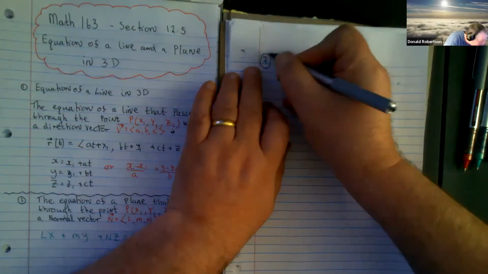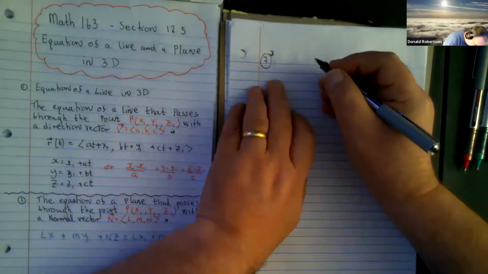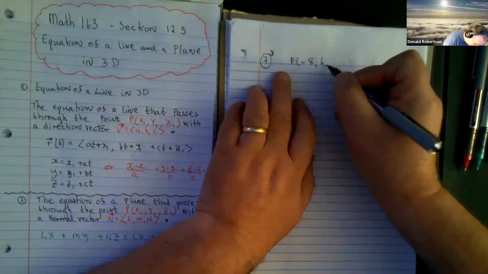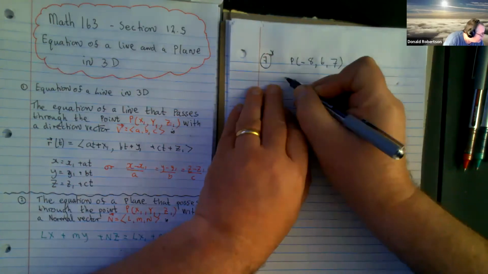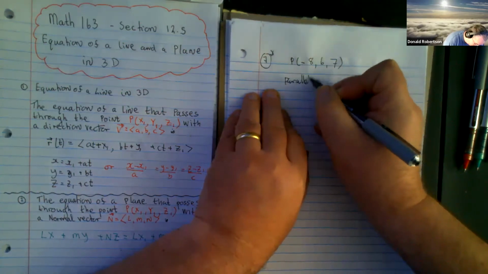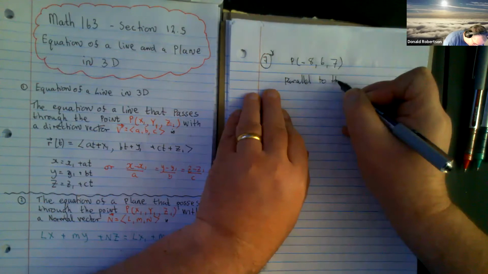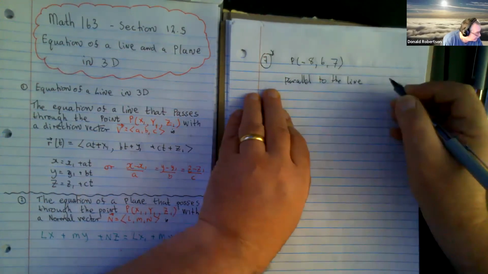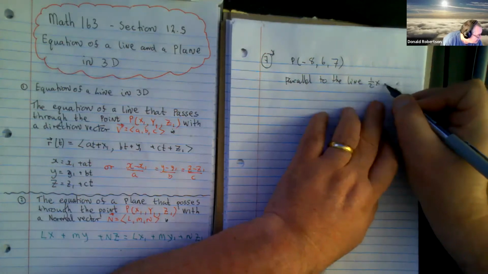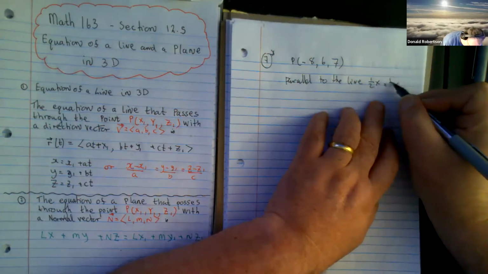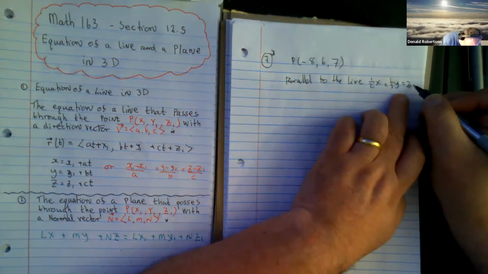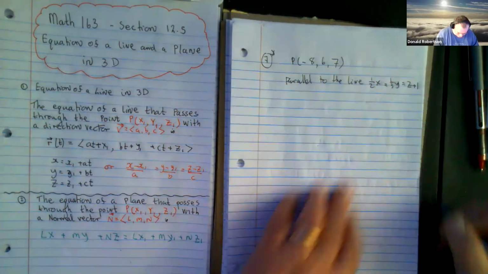In question 7, you're being asked for the equation of a line that passes through the point -8, 6, 7, parallel to the line 1/2 x equals 1/3 y equals z plus 1.